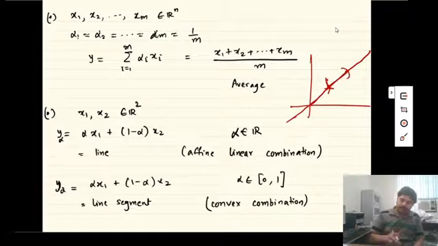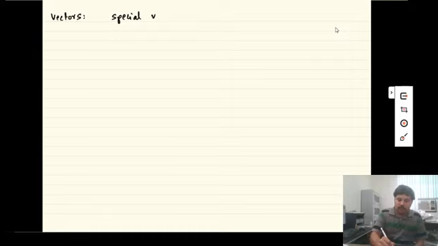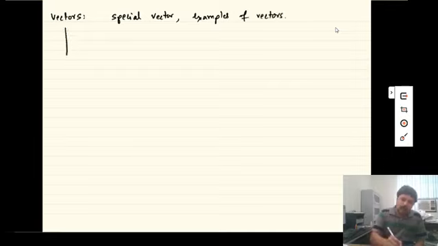So this is what we have done so far. We defined what are known as vectors. We saw some special vectors, examples of vectors. We defined two operations on vectors, vector addition and vector scalar multiplication.